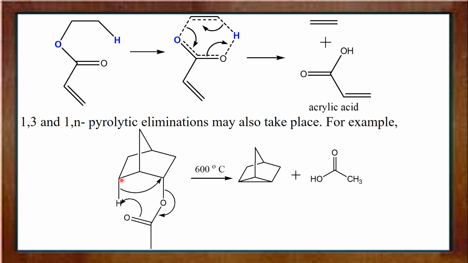But here this is 1,3 elimination. The carbonyl group is suitably oriented here to abstract the hydrogen in the third carbon as shown with the arrow marks. So this results in the removal of two groups and resulting in the formation of a new bond. So this is also an ester pyrolysis, but it is a 1,3 pyrolytic elimination of an ester.